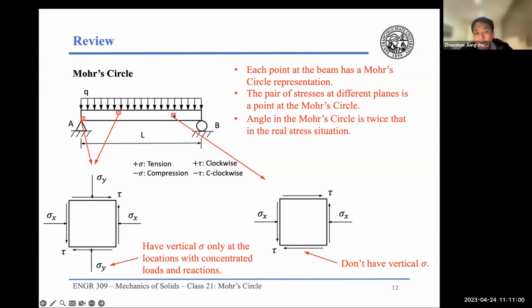However, if you have any point in the middle which does not have direct contact with the loads, then your small cube is only going to have the horizontal normal stress, and we do not have any vertical normal stress. Later in today's class, we're going to use an example to demonstrate how that works, because that is the example we're going to use to connect all the knowledge that you learned so far.